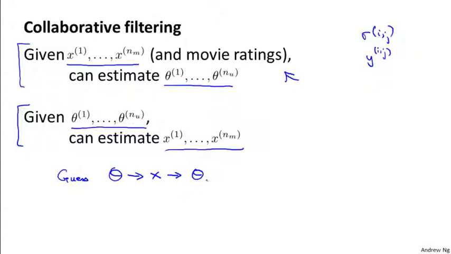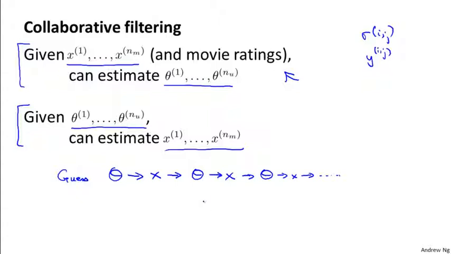Now that you have a better setting of the parameters theta for your users, you can use that to maybe get an even better set of features, and so on. You can keep iterating, going back and forth, optimizing theta, x, theta, x, theta, x, and this actually works. And if you do this, this will actually cause your algorithm to converge to a reasonable set of features for your movies and a reasonable set of parameters for your different users.